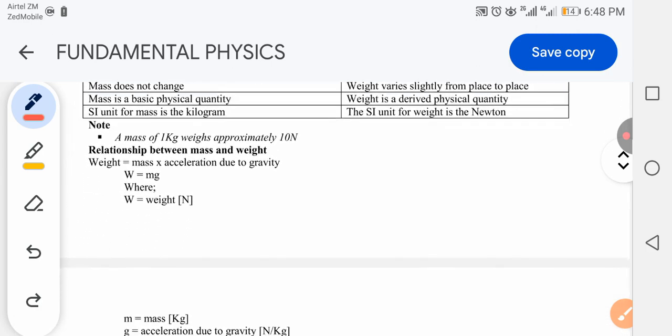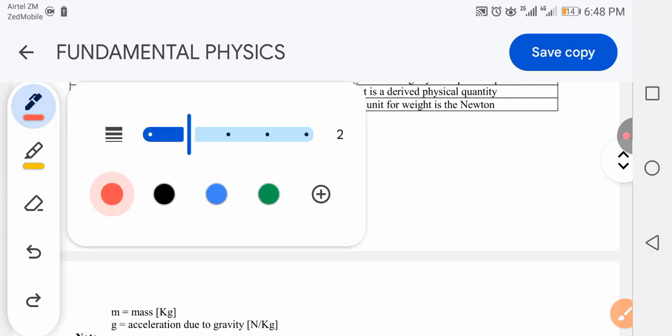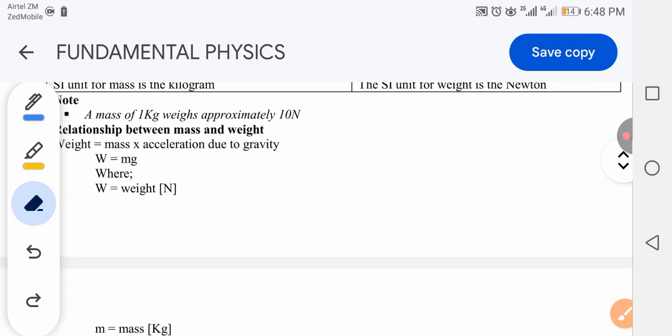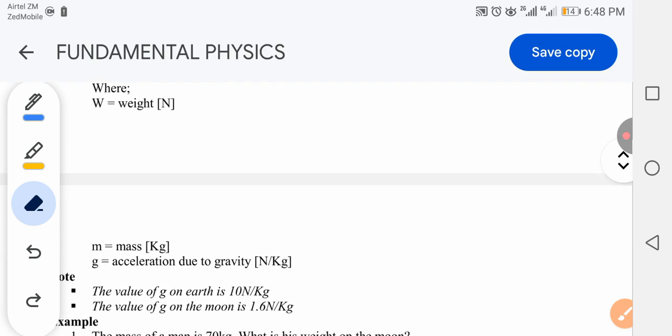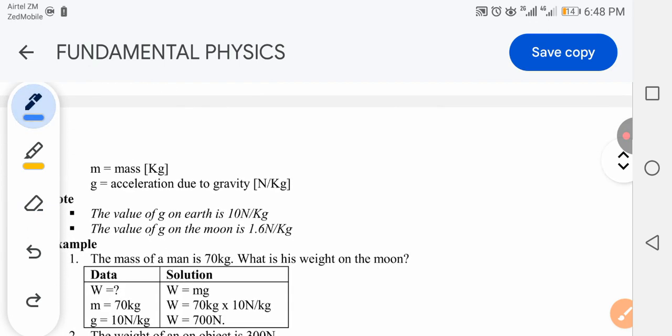So the relationship between mass and weight: we know that weight is equal to what? Mass times acceleration due to gravity. In symbols, it will look like this: W = mg, where W is weight, m represents mass, and g represents acceleration due to gravity.